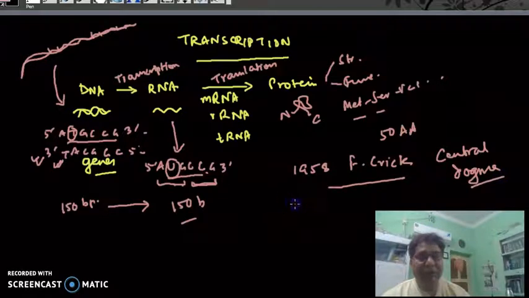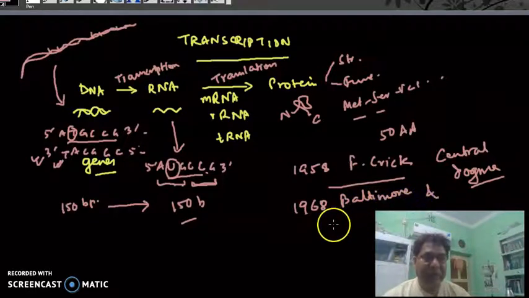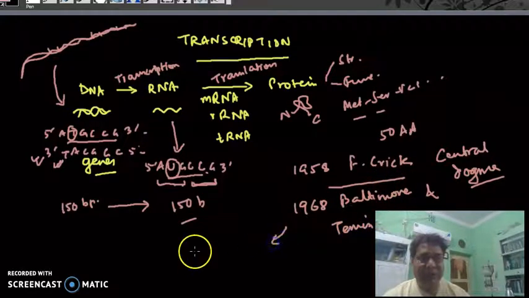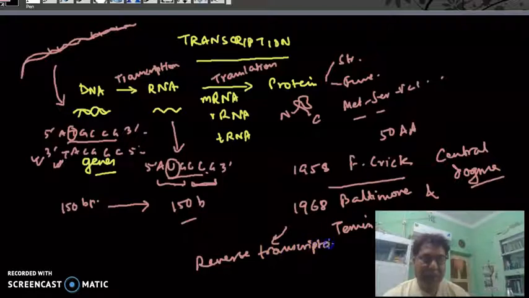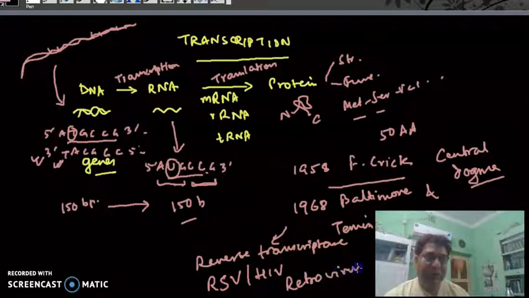But later on, during the 1970s, 1968 particularly, Baltimore and Temin discovered a new enzyme called reverse transcriptase, from viruses like Rous sarcoma virus, HIV, etc. These are called retroviruses because they can synthesize DNA from RNA.